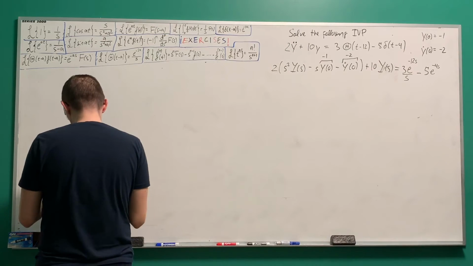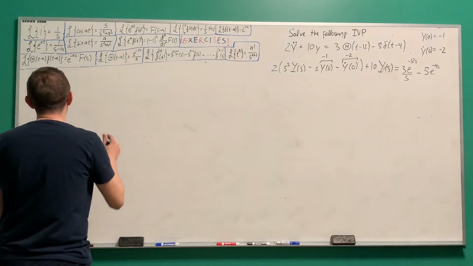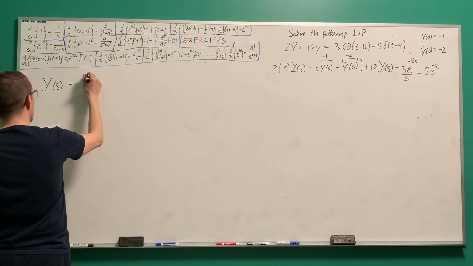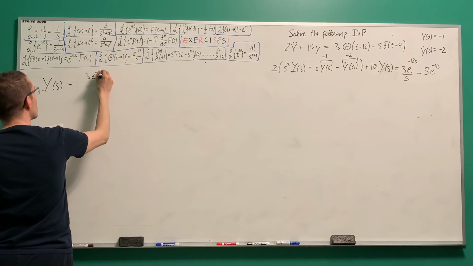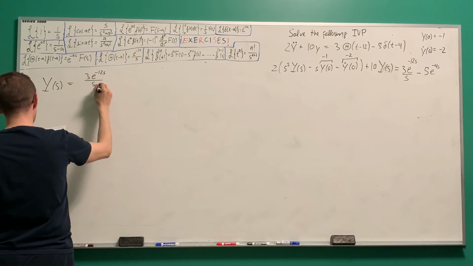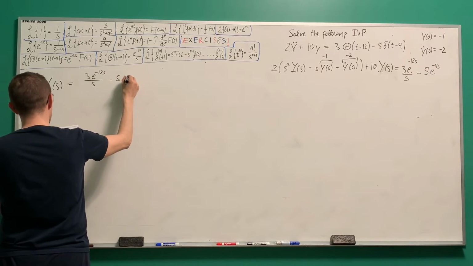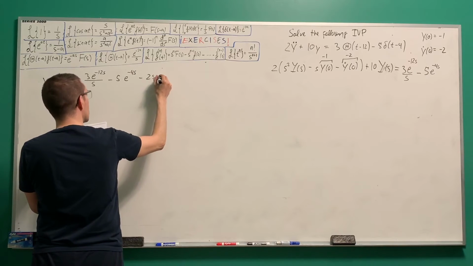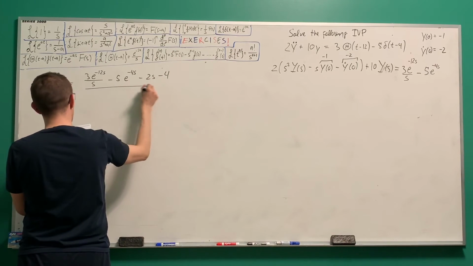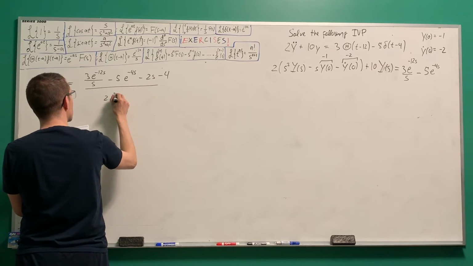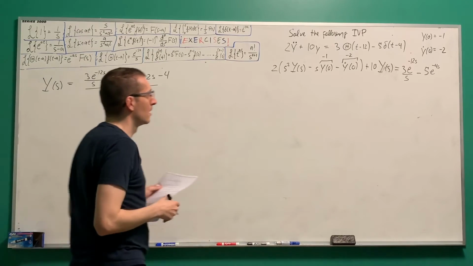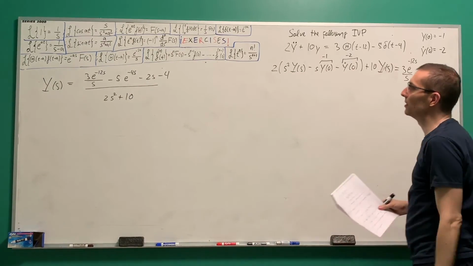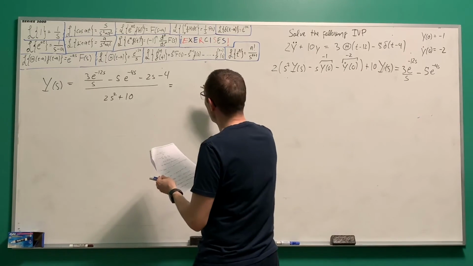And I plug it in, and I group all the Y's together, and I get that Y(s) is equal to (3e^(-12s) divided by s minus 5e^(-4s) minus 2s minus 4) all divided by 2s squared plus 10. You see, 2s squared plus 10 is what multiplies Y, so it goes to the denominator, everything else in the numerator. We're going to write it as follows.